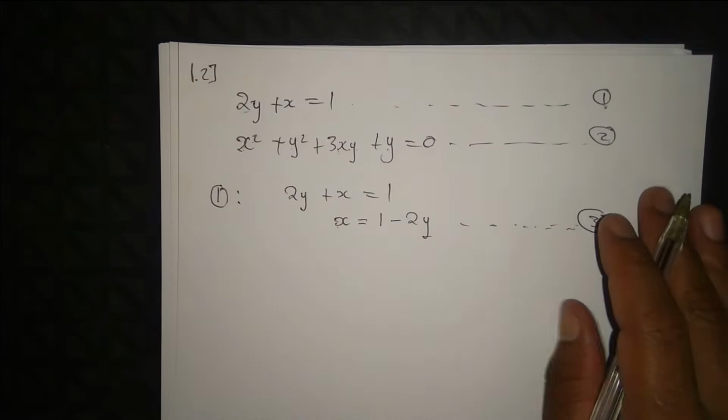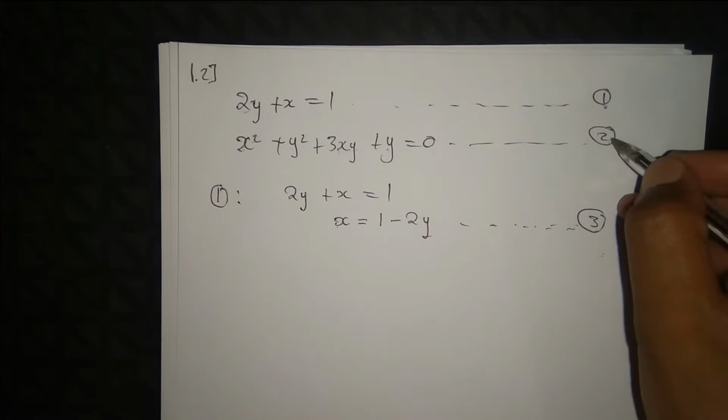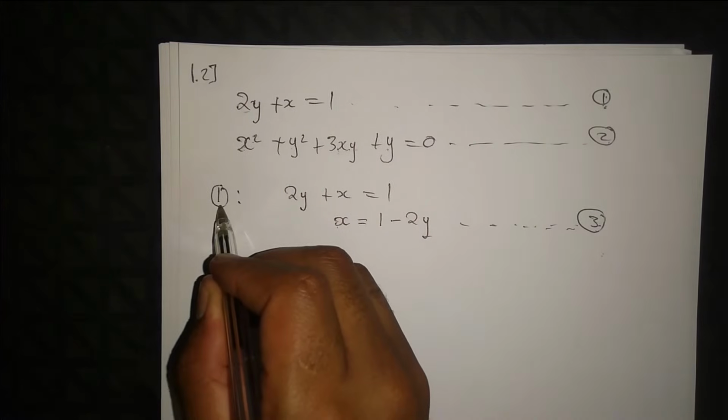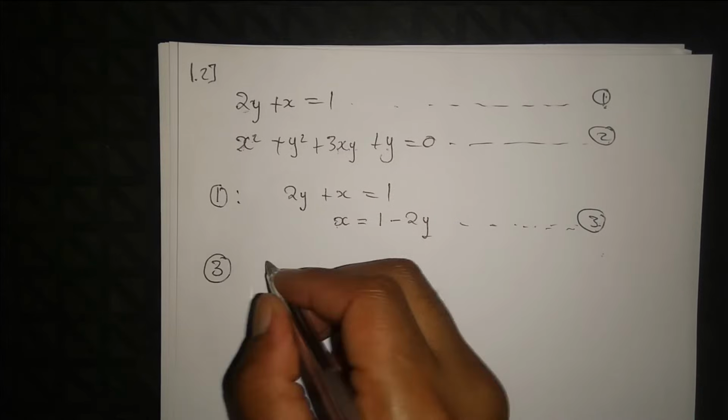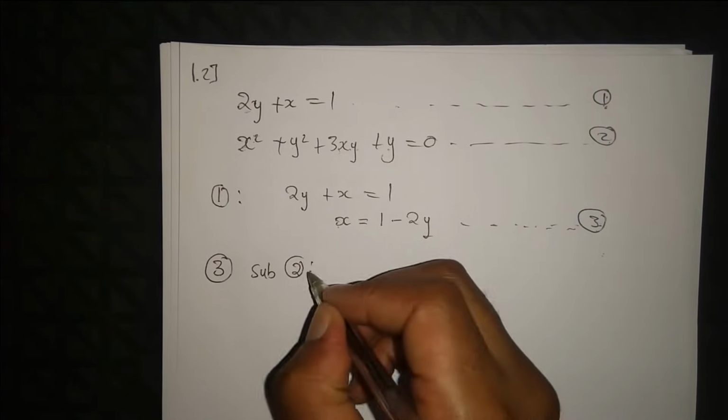Okay, now let's substitute equation 3 into equation 2. And we don't substitute equation 3 into 1, because 3 comes from equation 1. So now substitute our equation 3 into 2.